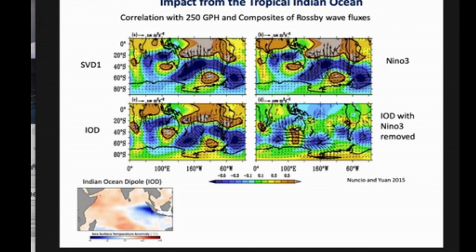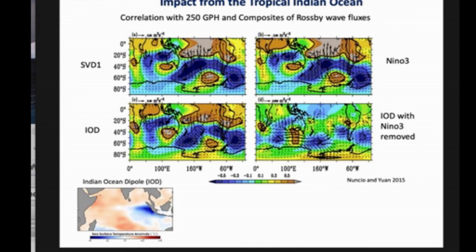And what we did is, with SST and the CS field, we conduct SVD analysis. We pulled out the leading mode, and then we use that leading mode to regress the pressure and the winds, the fluxes, Rossby wave fluxes, with that SVD1.